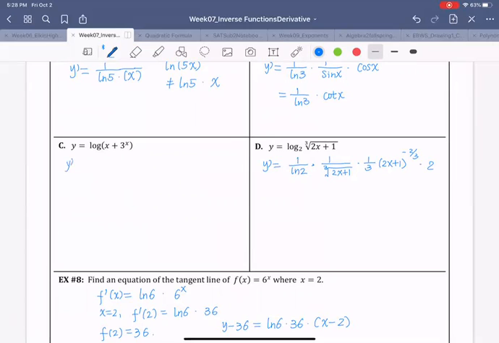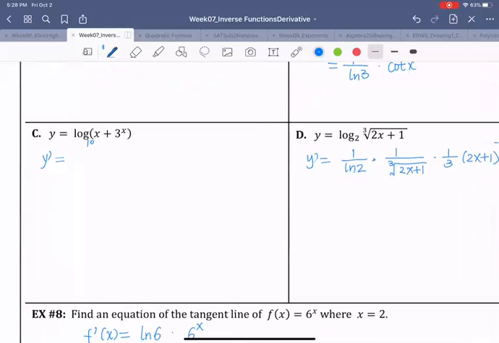This log means base 10, right? If they didn't write anything, by default the base is 10. So that's 1 over natural log of 10, so 1 over ln 10, and times 1 over x plus 3 to the power x.